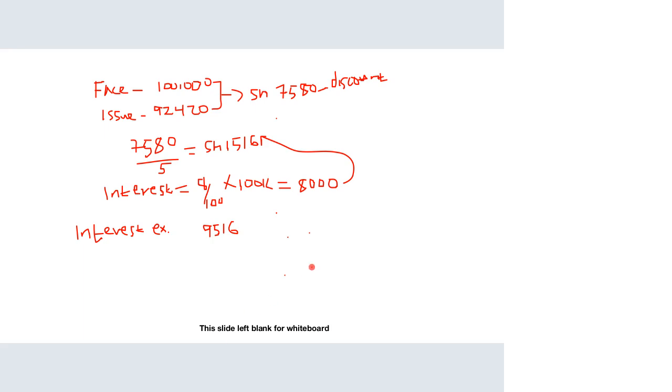Then we credit interest payable, which we have determined as 8,000. And we also credit the bond discount, which was 1,516, and we obtained that.